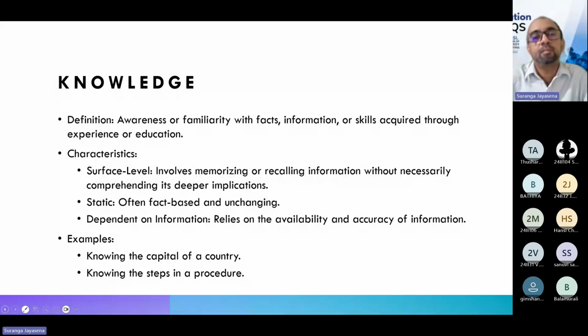Those are information. Or skills acquired through experience or education. So knowledge can be certain skills that you acquire, but that is just to know how to do it, right? Like knowing how to draw a circle. That is also knowledge. So knowledge is at that level.